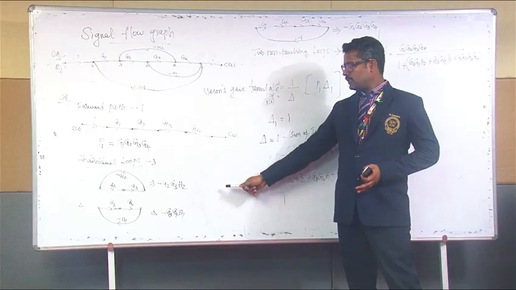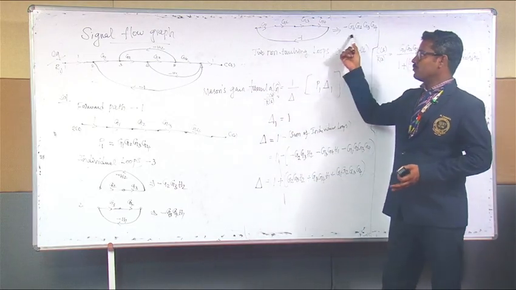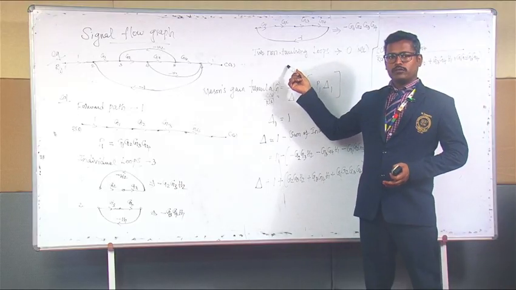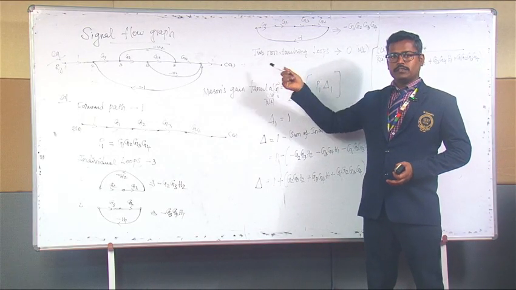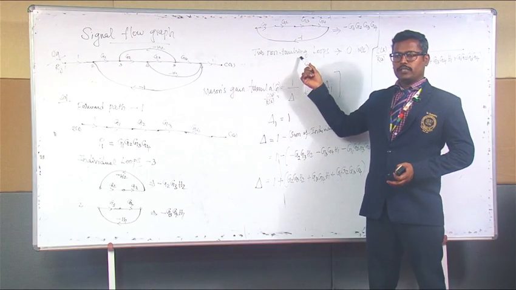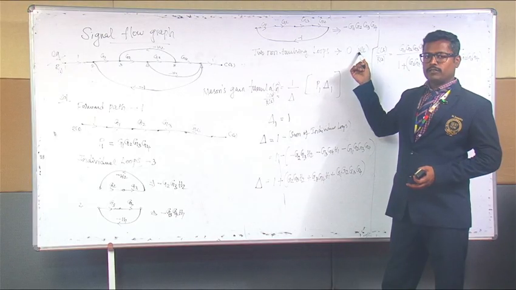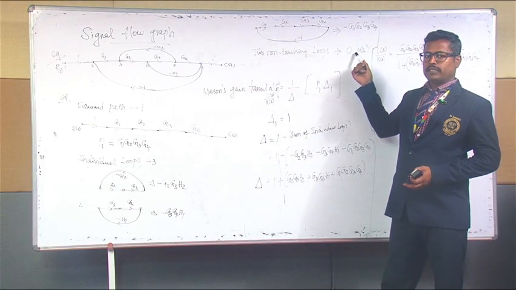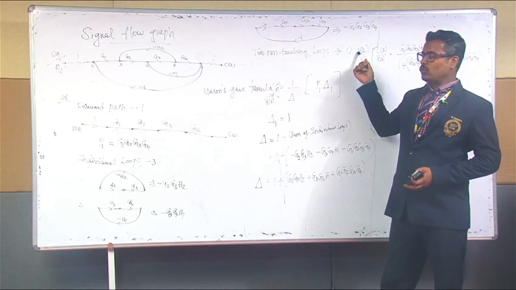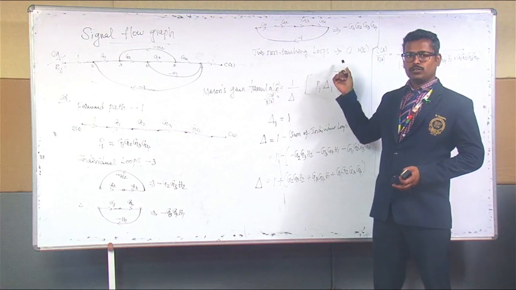After finding the individual loops, you have to get the transfer function for all the individual loops. Then you have to find whether any non-touching loop is present. If there are two non-touching loops, you can get the transfer function by multiplying the transfer functions of both loops. But here unfortunately there are no two non-touching loops, so it is nil, and three non-touching loops and the remaining ones are also nil.